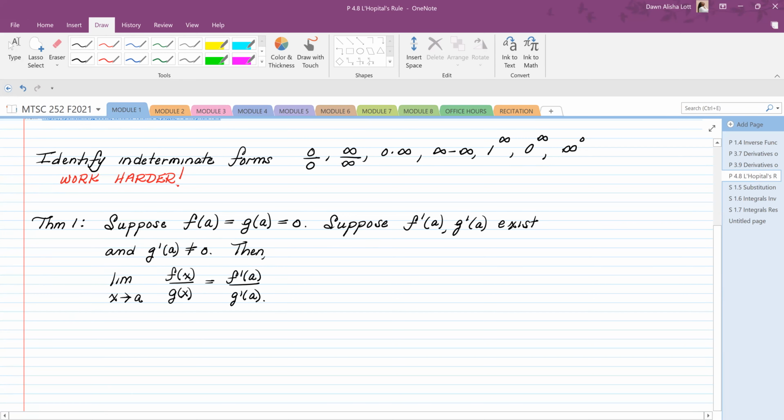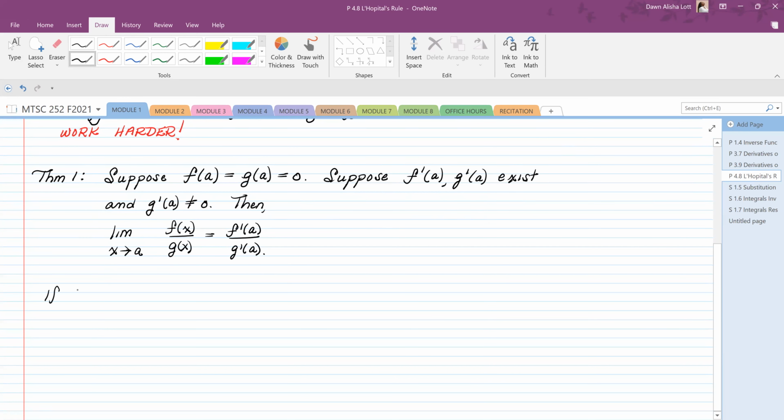So simply put, if the limit as x approaches a of f of x over g of x is equal to 0/0, then you have to work harder to get that the limit as x approaches a of f prime of x over g prime of x is going to give you f prime of a over g prime of a.